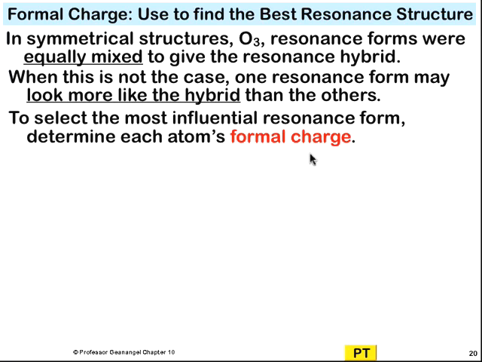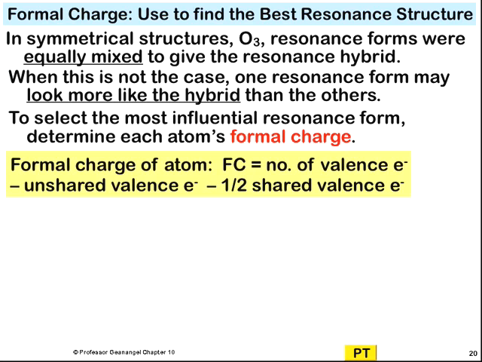The formal charge is another bookkeeping method to give some indication of how the electrons in a molecule or an ion are distributed and how each atom fares with respect to how it was as an individual atom. The formal charge is determined by an equation, and you need to learn the equation.